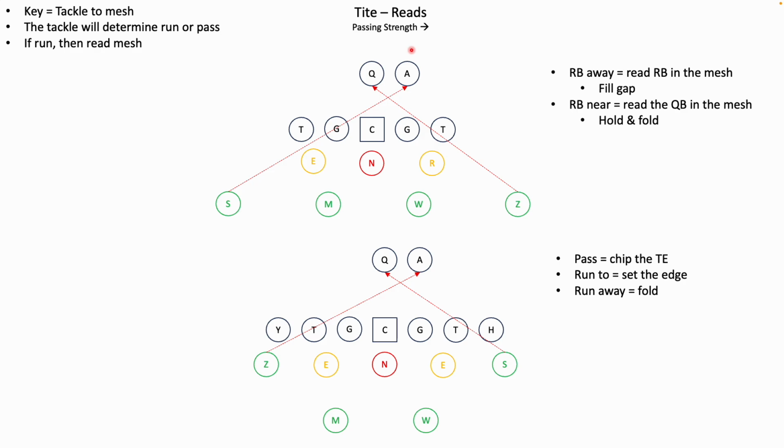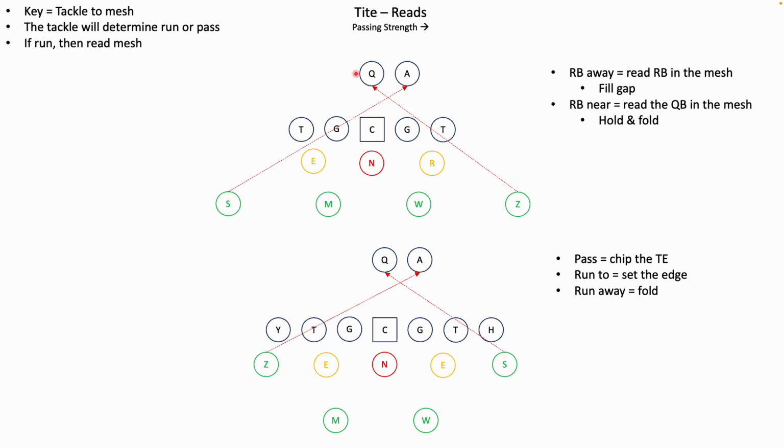Okay, so it's actually pretty easy. If the running back is away, meaning it's on the opposite side of the quarterback from you, as in this situation, your job is to read the running back in the mesh. With a split number two, Sam, your gap is the C gap.